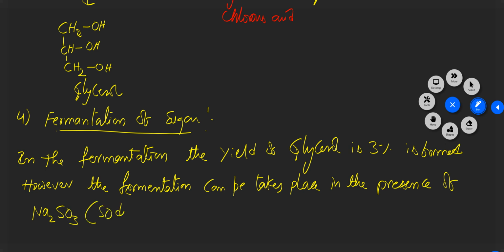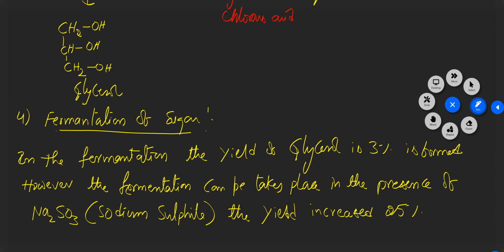If you do that in the presence of sodium sulfite, the yield increases. The yield increases to how much percentage? Nearly 25 percent of the yield of glycerol is increased.